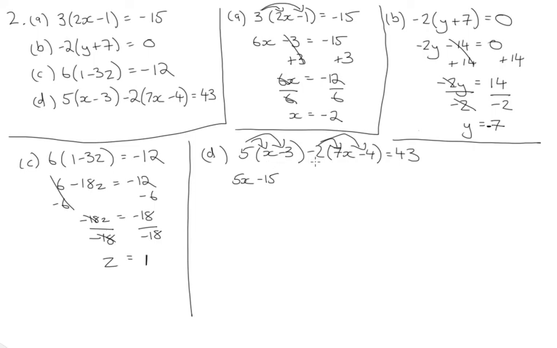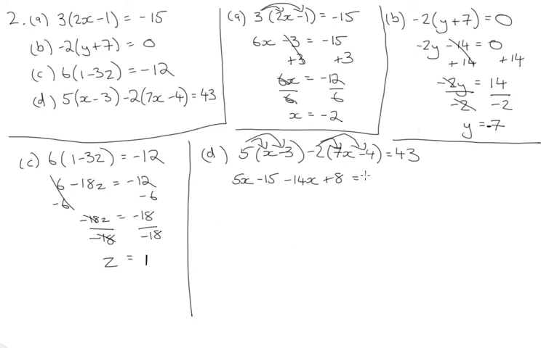And then minus 2 multiplied by 7x is minus 14x. And then minus 2 multiplied by minus 4 is plus 8, because a minus by a minus is a plus.